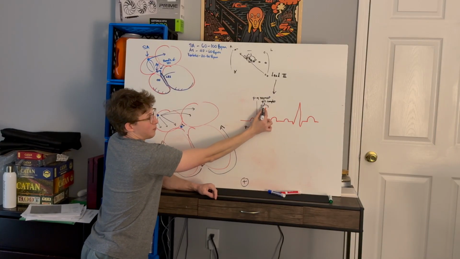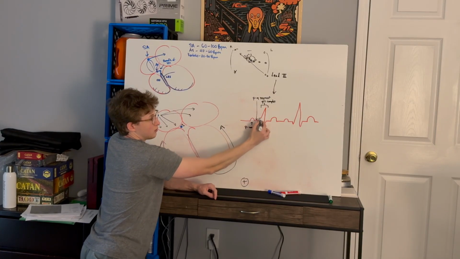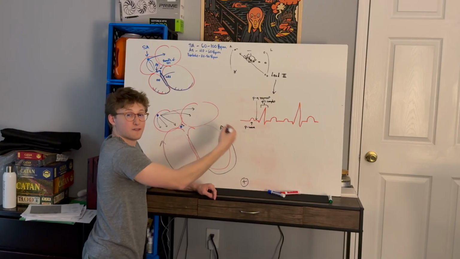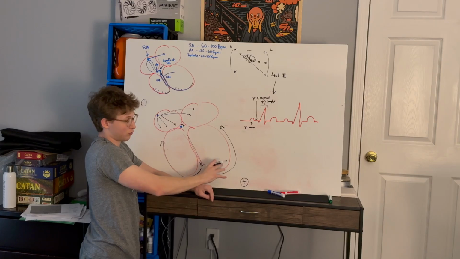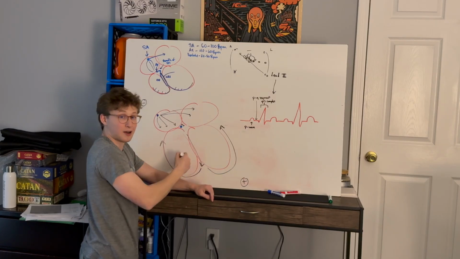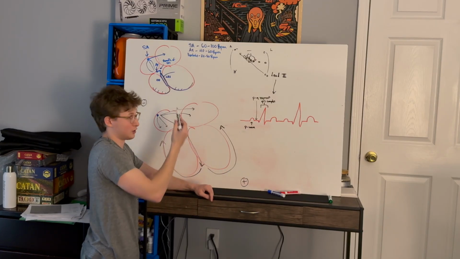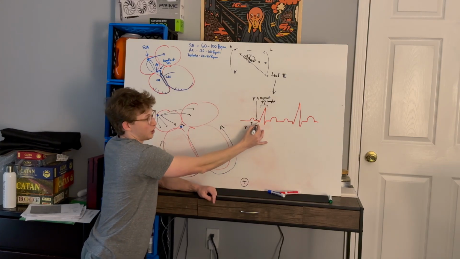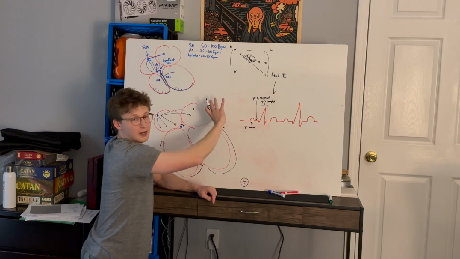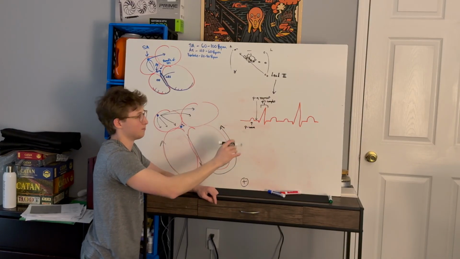This giant upward waveform, upward deflection, represents that positive moving down towards our positive viewing point, positive to positive, upward deflection. We're not going to worry about the Q and the S wave, just looking at the QRS complex as a whole.